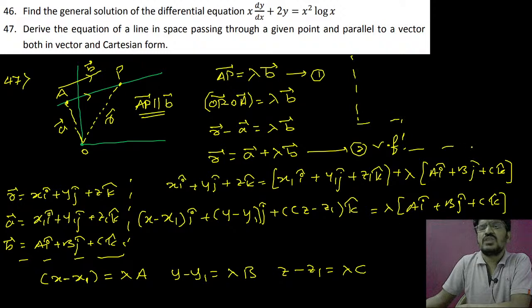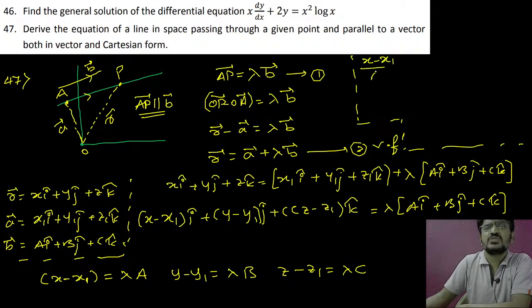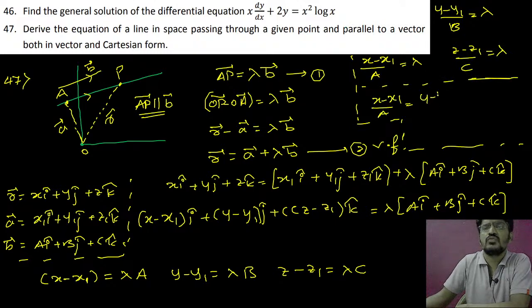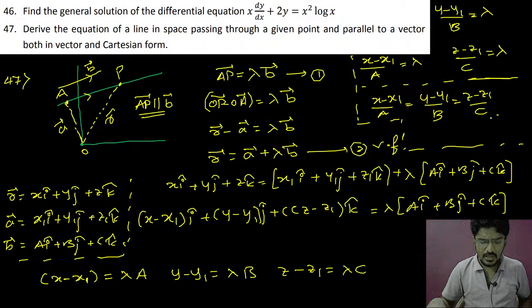So now that will be x minus x1 by A equal to lambda, y minus y1 by B equal to lambda, z minus z1 by C equal to lambda. So now you can write this as (x minus x1) by A equal to (y minus y1) by B equal to (z minus z1) by C. Because of shortage of space, I have adjusted here and there so that you can understand it.